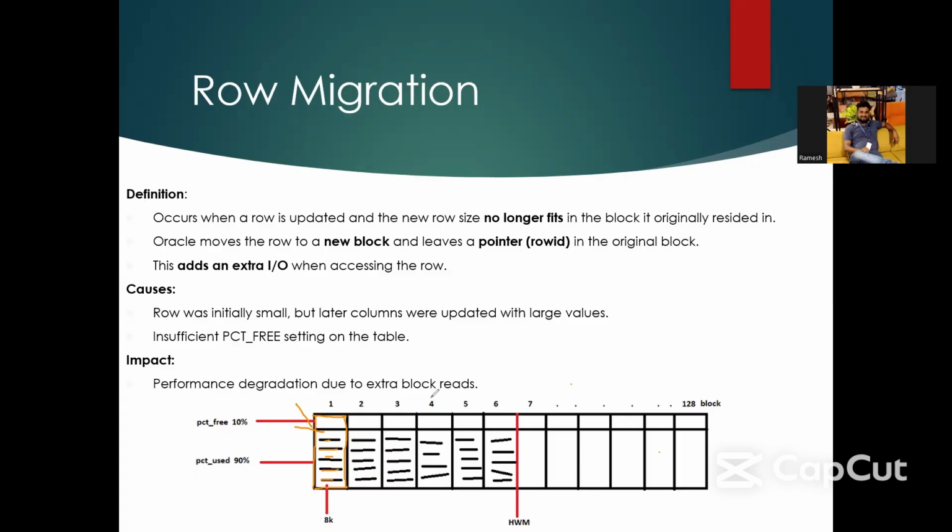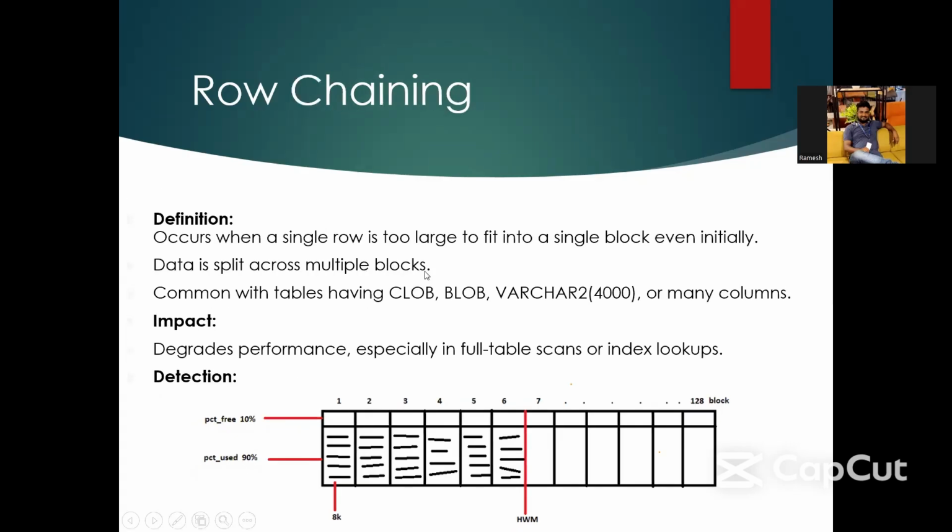Now let me go on to row chaining. Row chaining occurs when a user inserts data, before any row migration from update. Read this: row chaining occurs when a single row is too large to fit into a single block, so the data is split across multiple blocks.